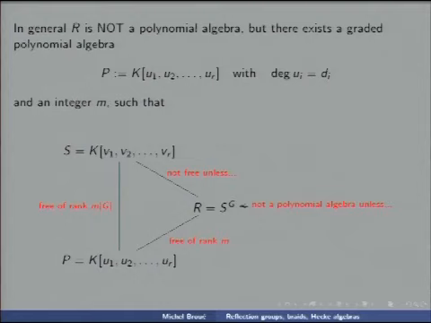And besides, not only do you have this, so remember what we have, this algebra of invariants here is free of rank m. This is the meaning of this m, and that big extension is free of rank m times g. Moreover, this m times g is the product of the degrees.